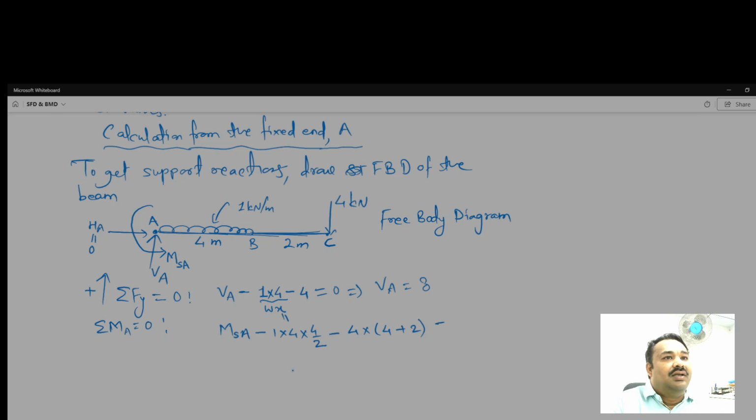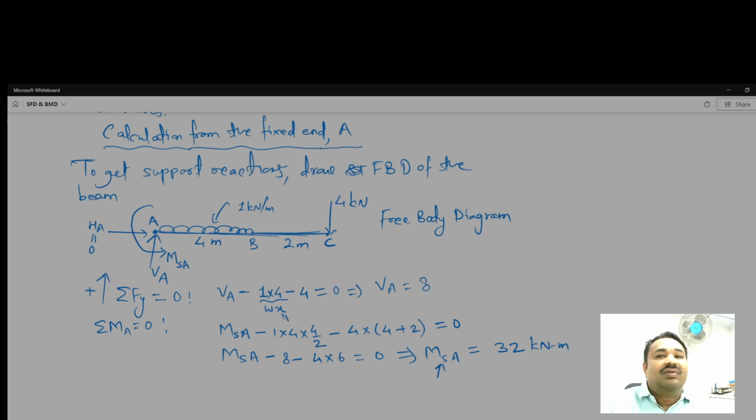So we get equal to 0. Then this is 8, and 4 into 6 is equal to 0. So we get MSA is equal to 32. What is this MSA once again? The S means the resisting moment at support A. So in this way we have found out the support reactions.